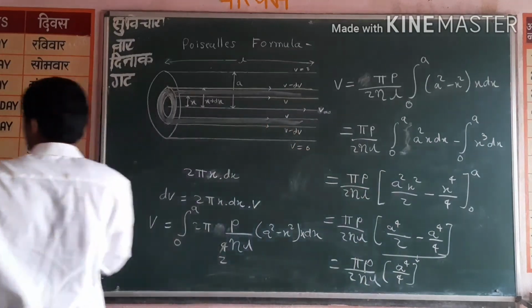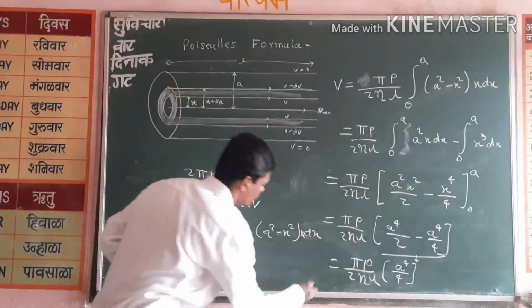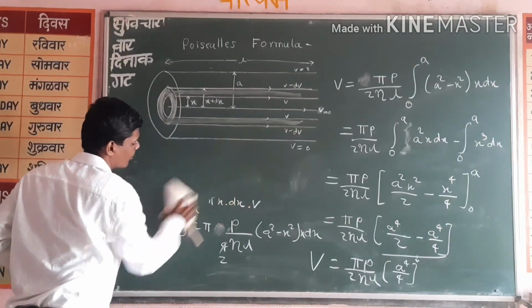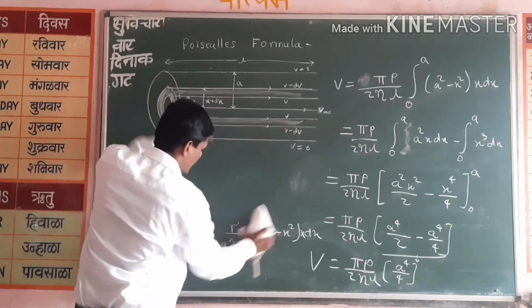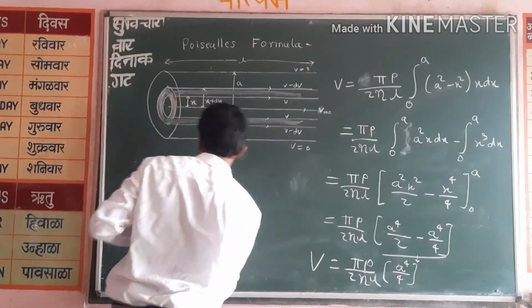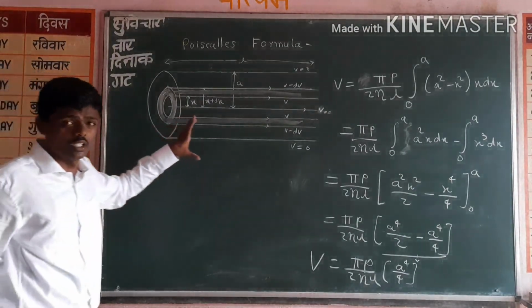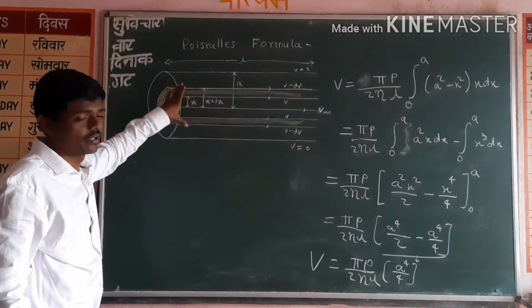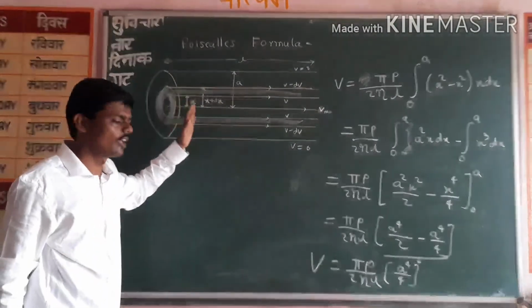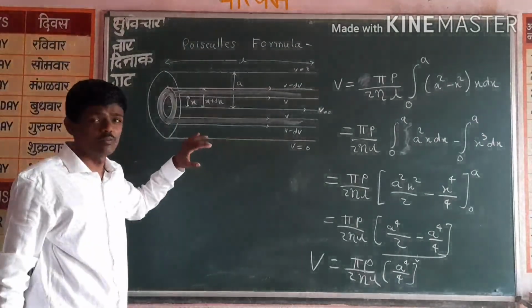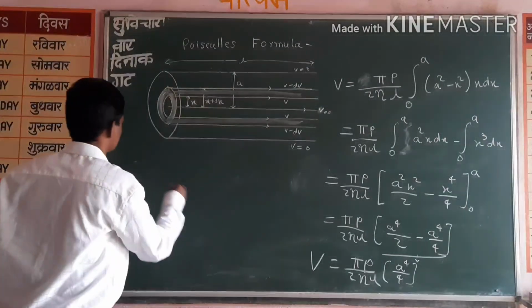So we got the capital V, the volume of liquid flowing through the whole capillary. Because we have integrated this small equation, this is the volume of liquid flowing through this capillary per unit time. That is the rate equation, or flow of the liquid here.